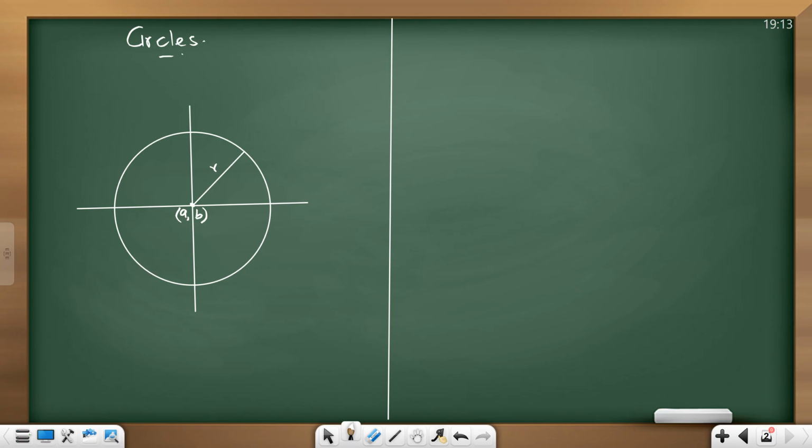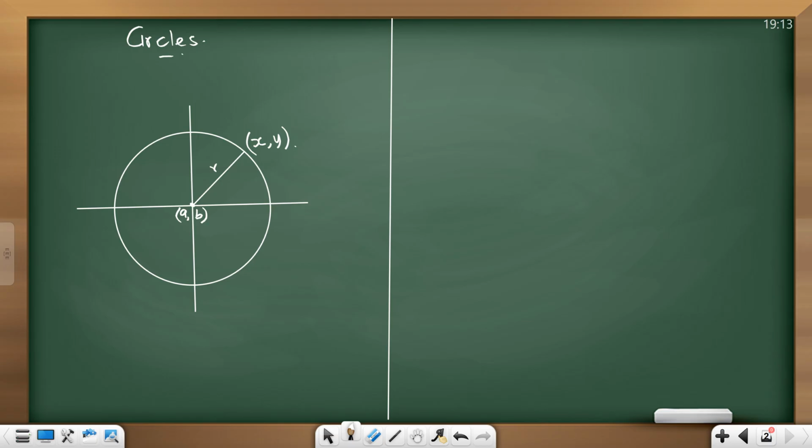When we talk about the equation of the circle, we are actually talking about the distance around the circle. So it's the distance formula for a circle? Absolutely. On this, I have X and Y, a point on the circle.